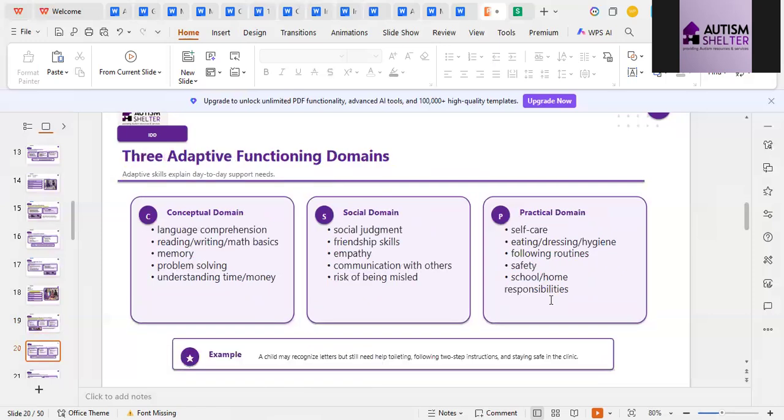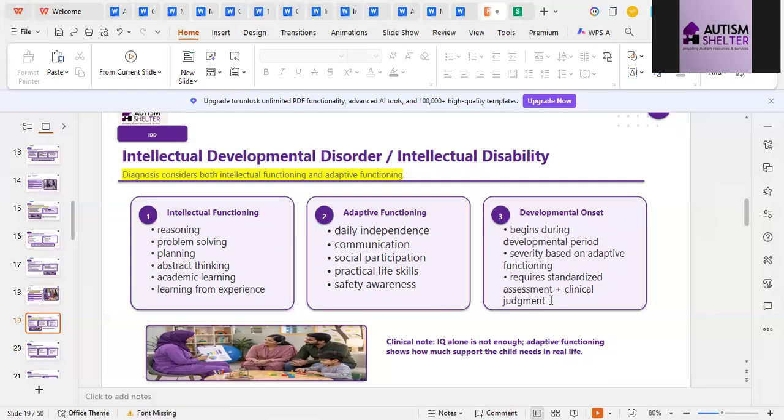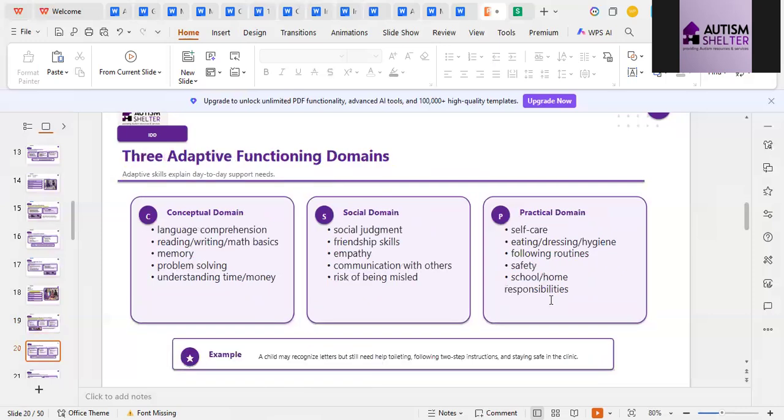Three adaptive domains. As I told you, there is intellectual functioning and then adaptive functioning. The major thing is adaptive functioning. Just fingertip what adaptive functioning is. Three things come in adaptive functioning: conceptual domain, social domain, practical domain. What is the conceptual domain?